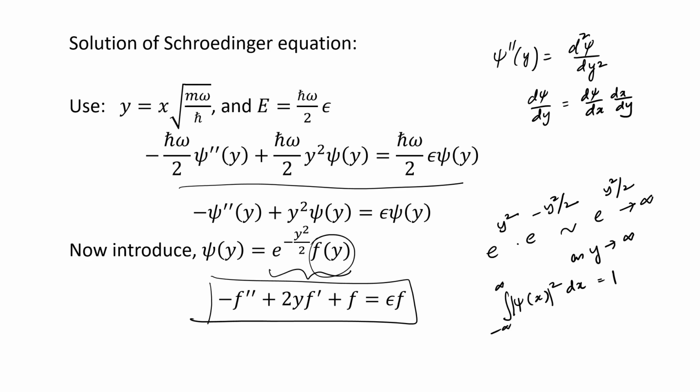It is called square integrability because when you integrate the square of that, it should give you some finite number. And clearly, if the wave function goes to infinity as y goes to very large values, then the square integrability is going to be harmed, and that is not a desirable situation.